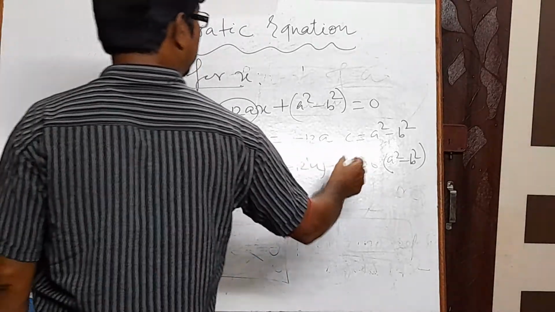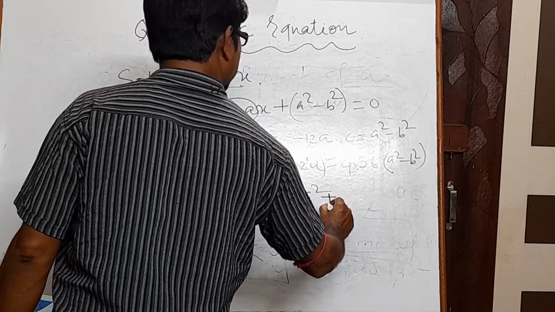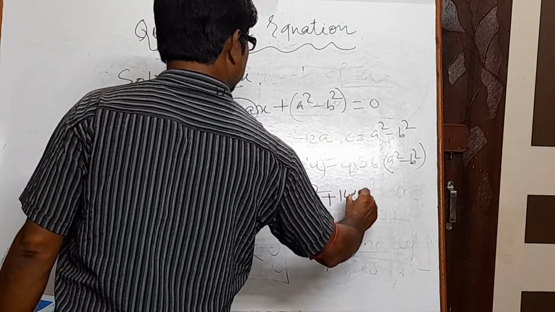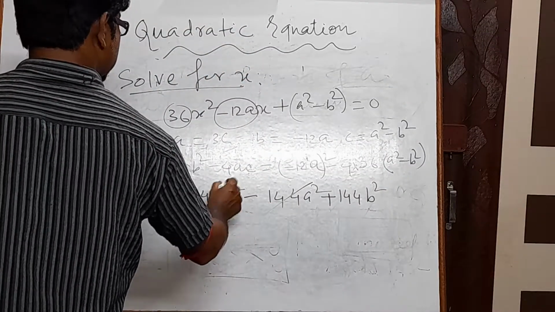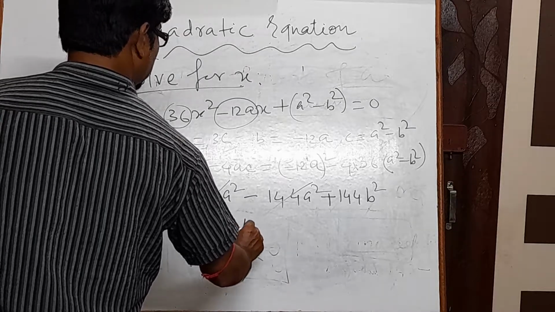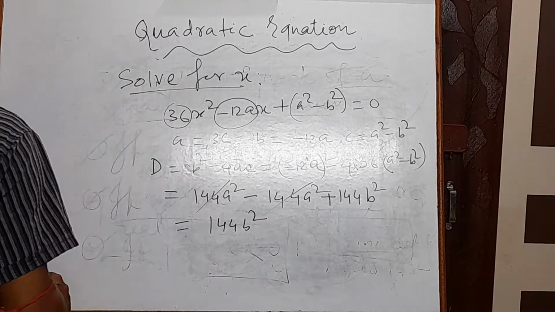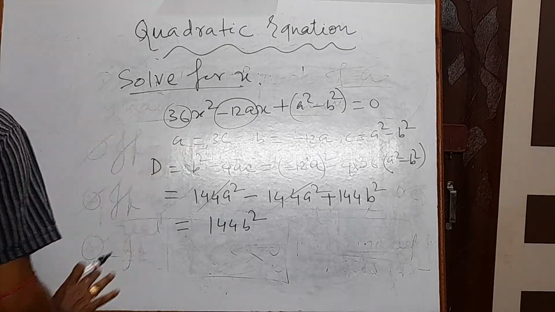Understood? 144 a square, and minus minus plus 144 b square. This will be cancelled. So the value of D is 144 b square. Pause the video to note it down.